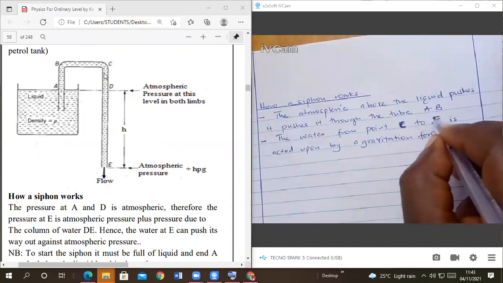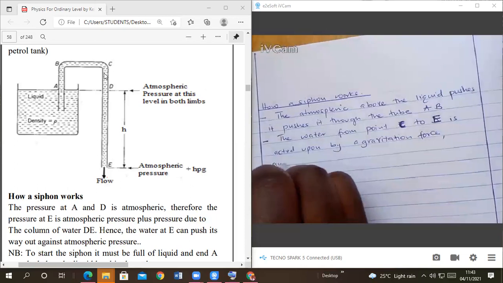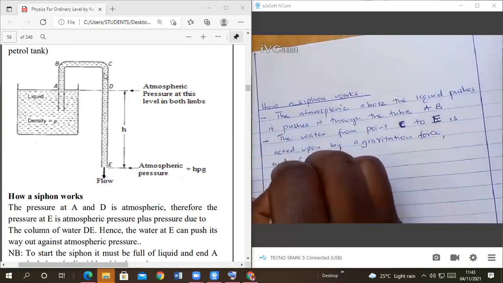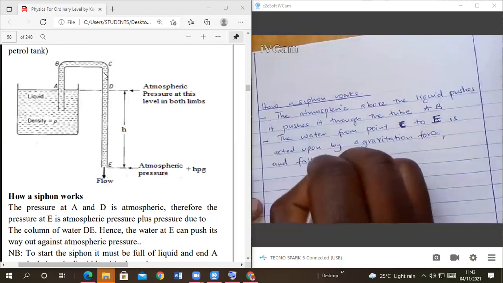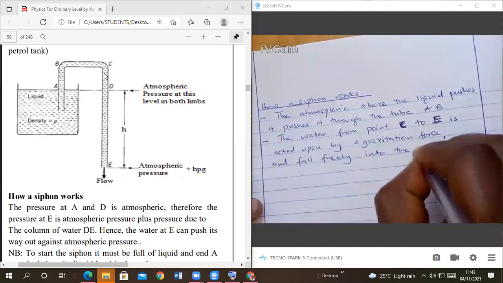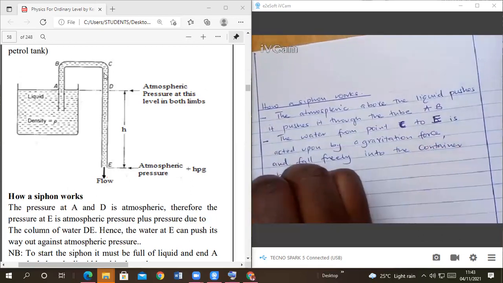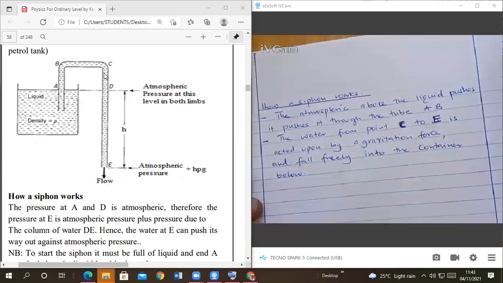So the water from point C to E is acted upon by the gravitational force and falls freely into the container below.